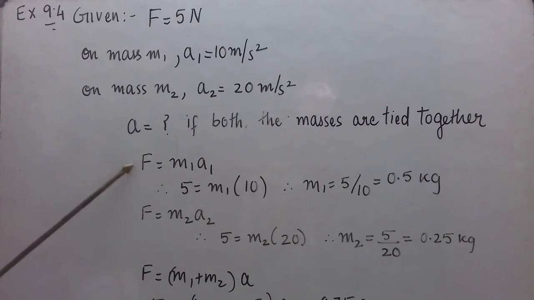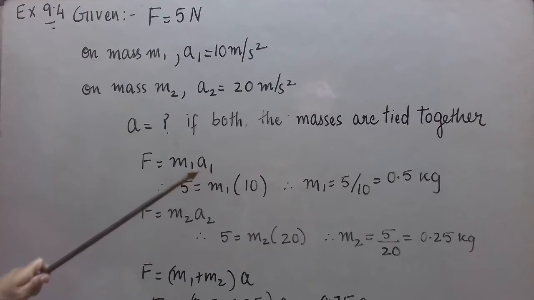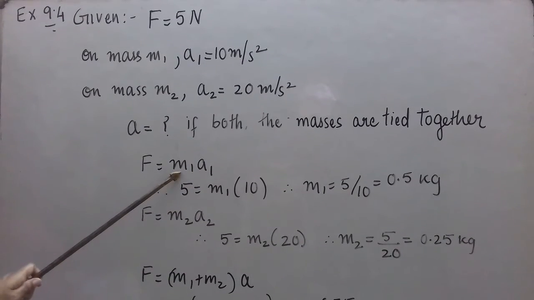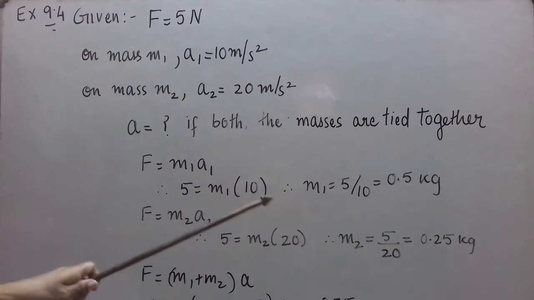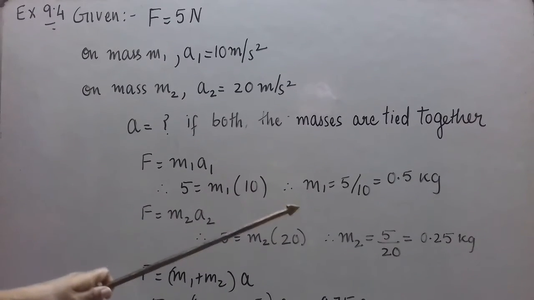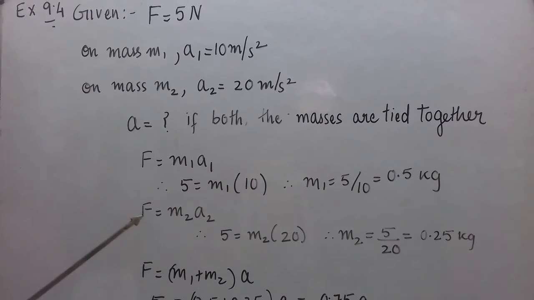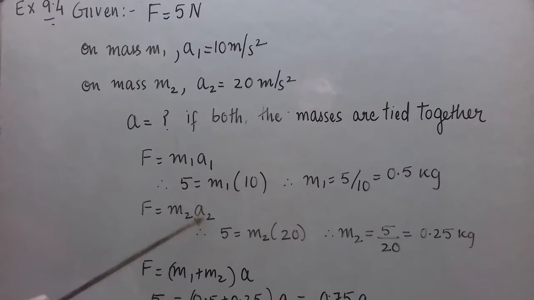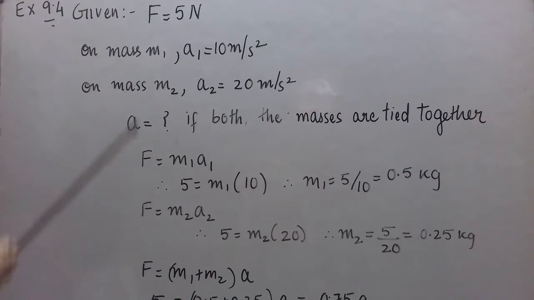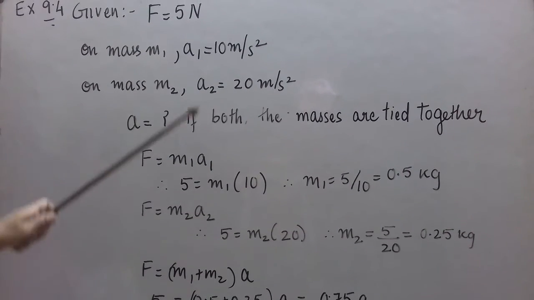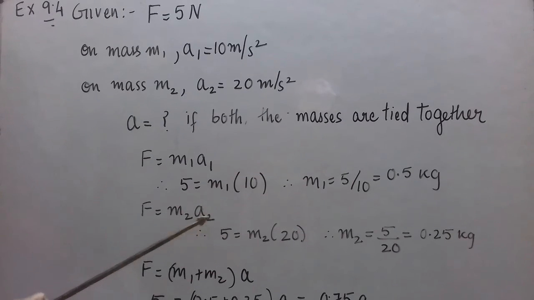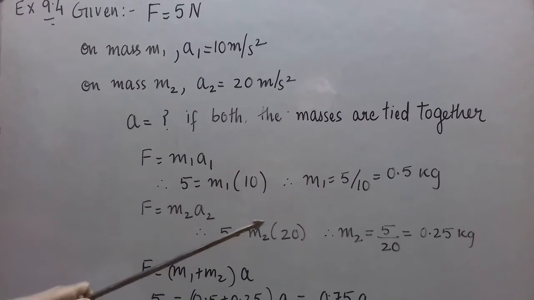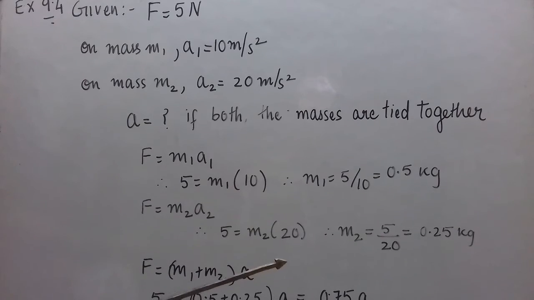Now put the value of F and a1, and you will get the value of m1, which is found to be 0.5 kg. Similarly, using F is m2a2 and putting F as 5 Newton and a2 as 20 meter per second square, we get m2 as 0.25 kg.